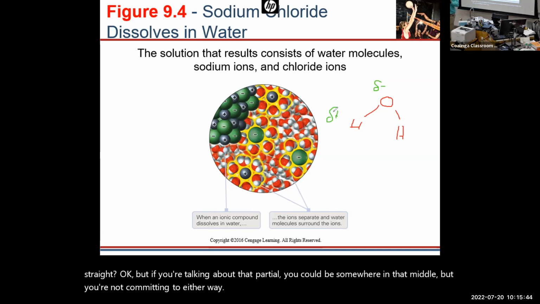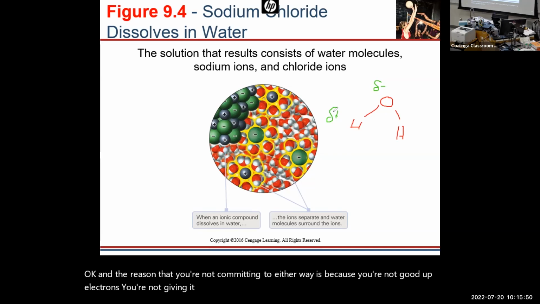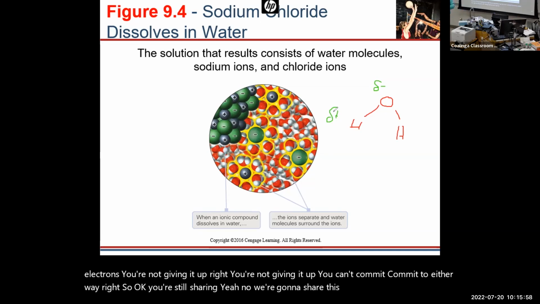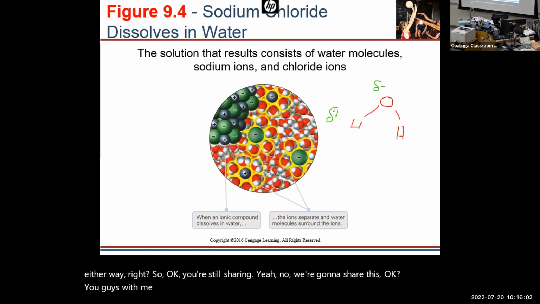And the reason you're not committing to either way is because you're not giving up electrons. If you're not giving it up, you can't commit to either way, right? You're still sharing. Like, we're going to share this, okay? You guys with me?